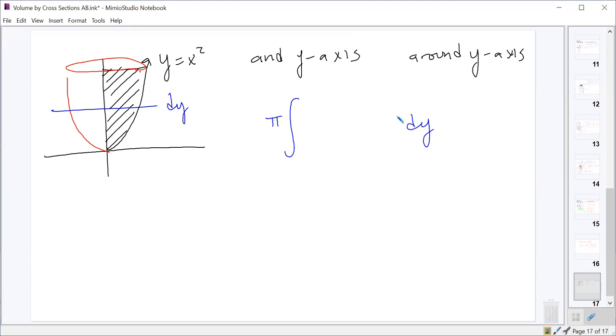Think so. So all we need is the radius squared. Well, what's our radius? It's just the distance from here to here. It's x. It should just be x, but I can't just put in x squared over here, right?